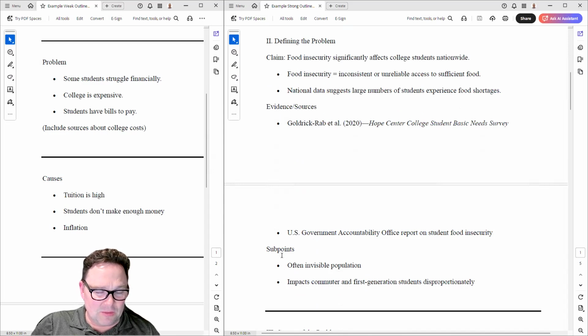So, subpoints here can be under the main points up here. If you have something else to say, maybe it's not one of the main things you're going to focus on, but you may touch on or bring up, that's where you can further organize or subcategorize the ideas as you see them.